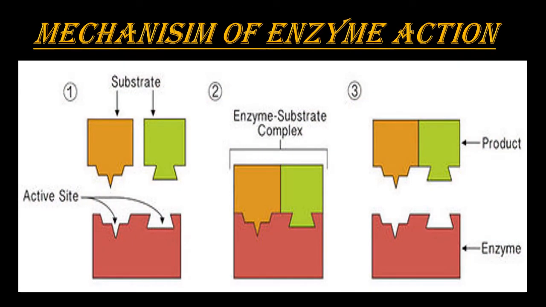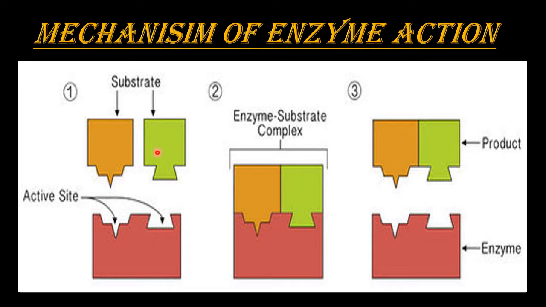Now, student, there is a diagram from which you will understand the mechanism of enzyme action. In this diagram, these two are the objects, and those objects are the substrate. And this one is the enzyme. Now these two substrates attach with the enzyme, and the enzyme has an active site.